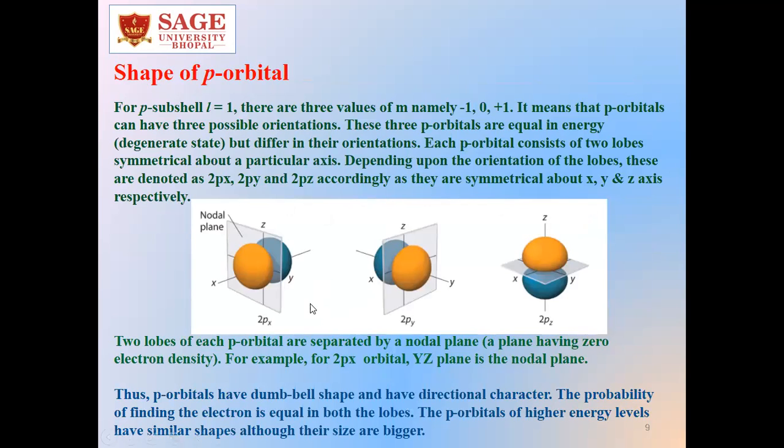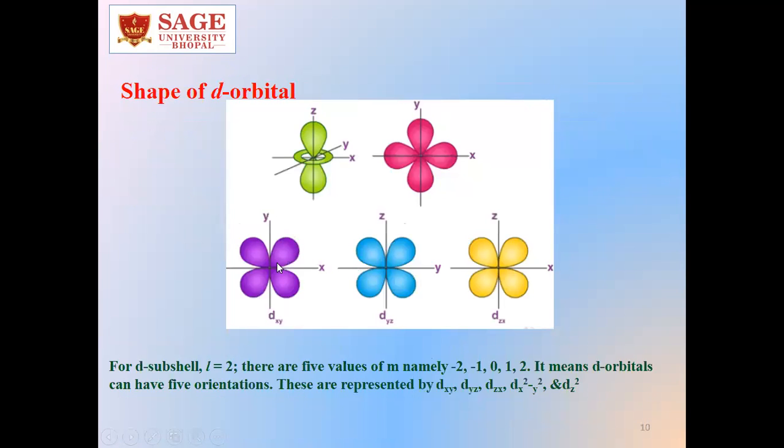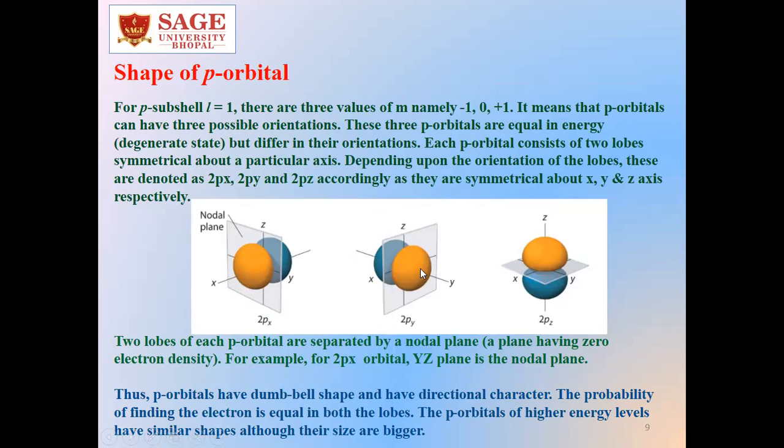Similar to the s orbital, in the p orbital also, in between two lobes there is a plane where the probability of finding the electron is 0, which is known as a nodal plane. So for px there is one nodal plane, for py there is one nodal plane, as well as for pz there is another nodal plane.